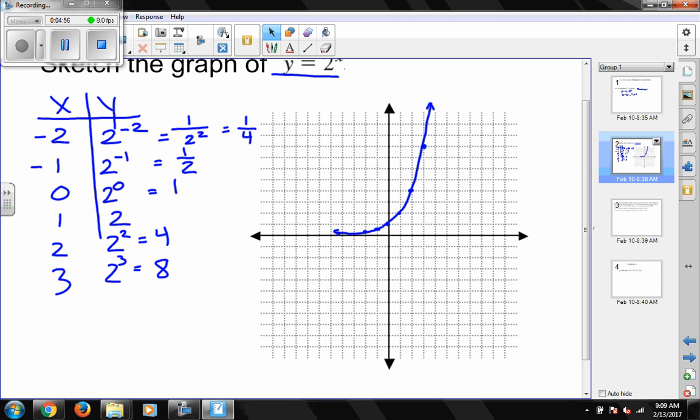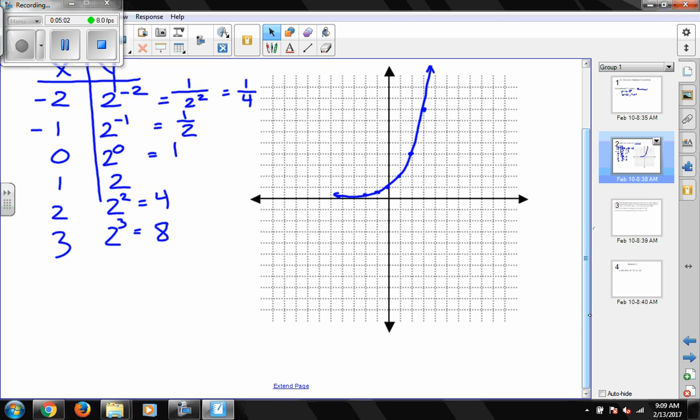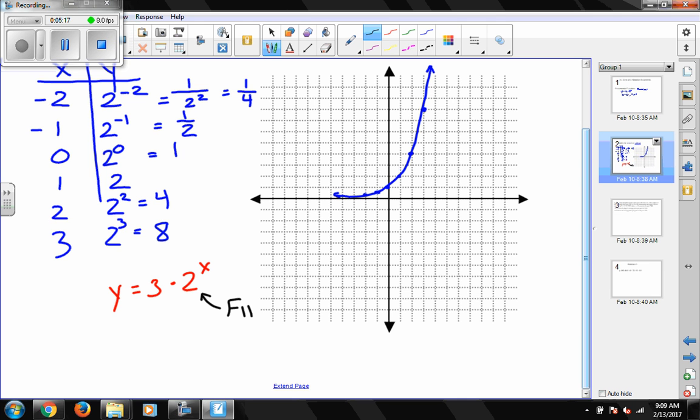If I were to give you some number in front of this, say I change the equation to y equals 3 times 2 to the x, you would handle this 2 to the x first, then multiply by 3.